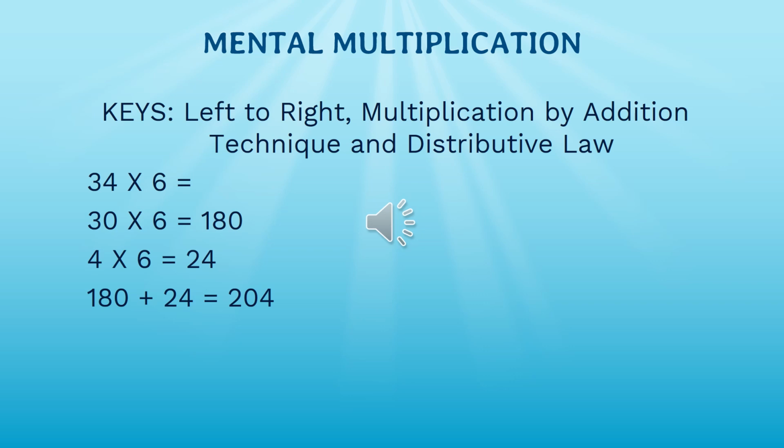Now 30 times 6 is equal to 180 and 4 times 6 is 24. Adding these two together, I will get 204. What I used here is the left to right method, the addition technique, and the distributive law.